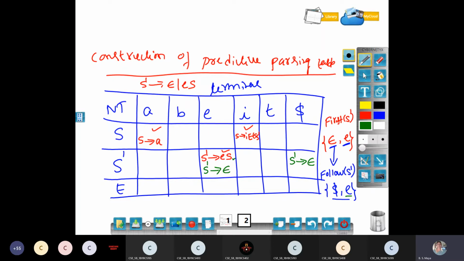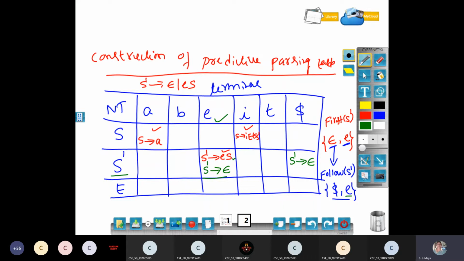Then you can check for the non-terminal S dash: for the input terminal E we have two productions. Only then you can say the given grammar is not LL1, when for a non-terminal we have two productions on the same terminal symbol.